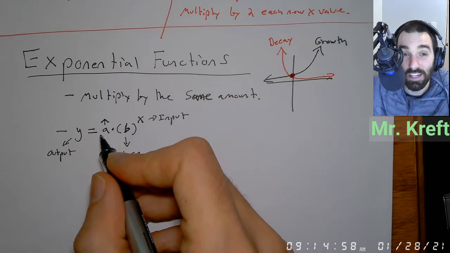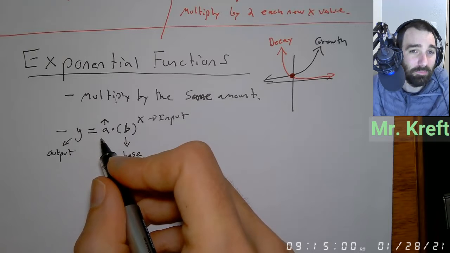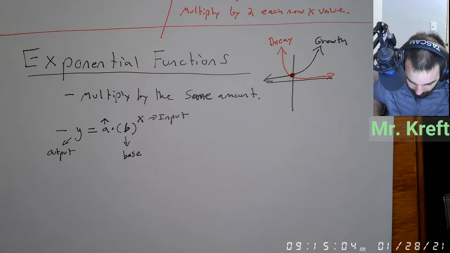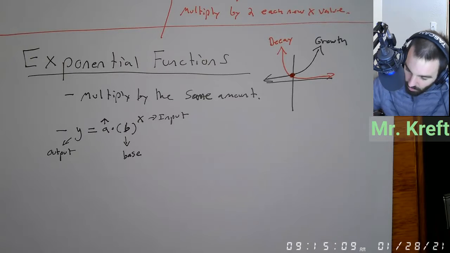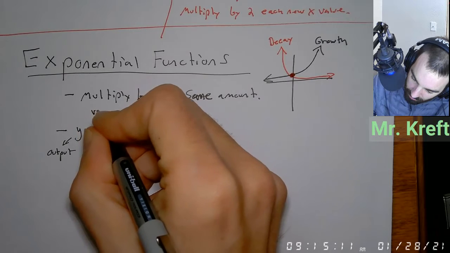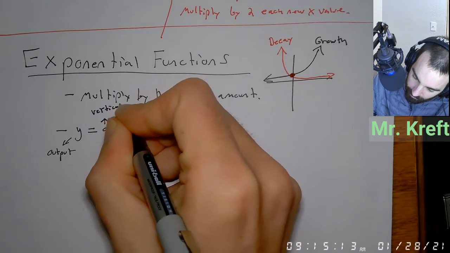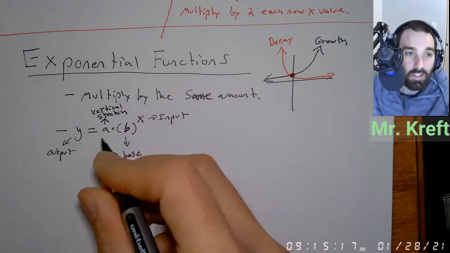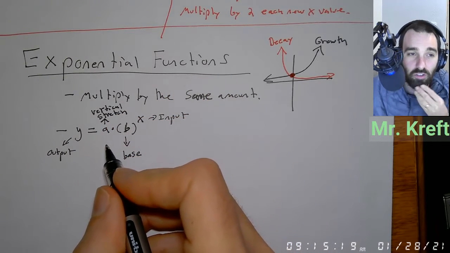In geometry, this is called a dilation factor. So for right now, I'm going to call this the vertical stretch.